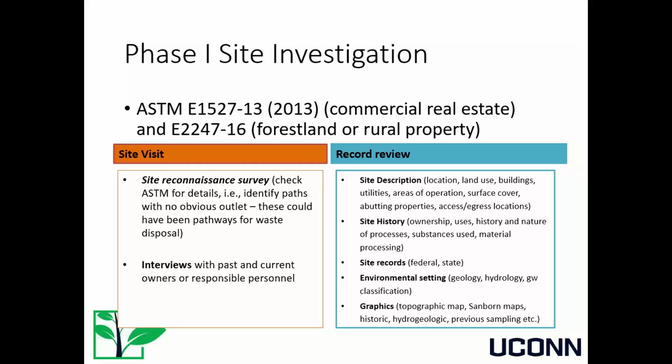The site's history, with respect to who owned the site and what the previous uses were, is very important. What kind of processes they might have had at the property, where they might have handled chemical substances or other materials, is important in order to identify where we might suspect contamination.